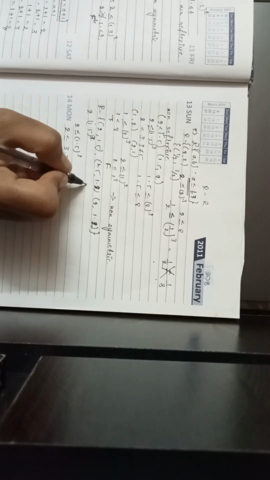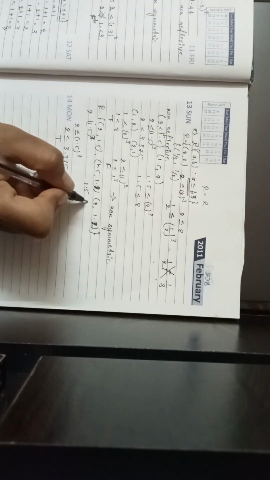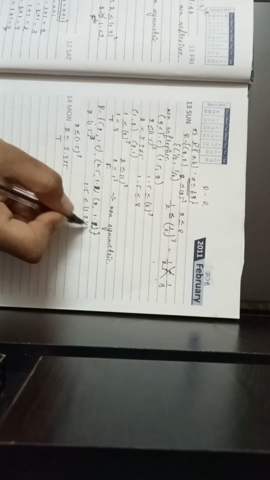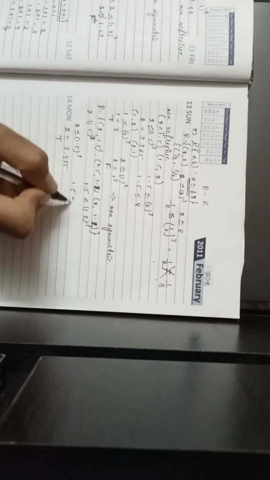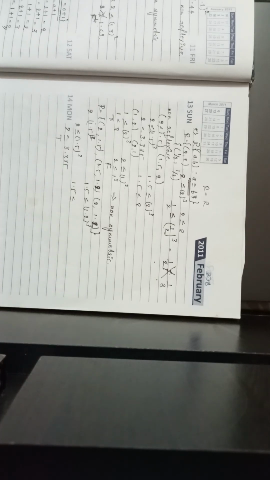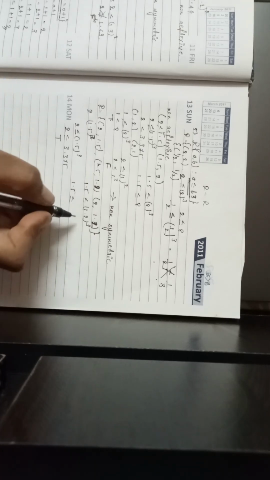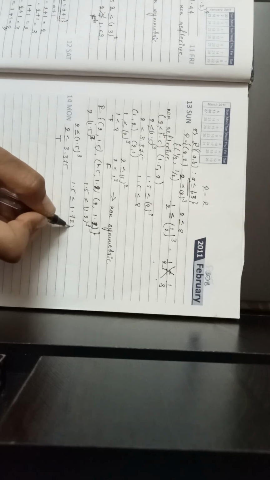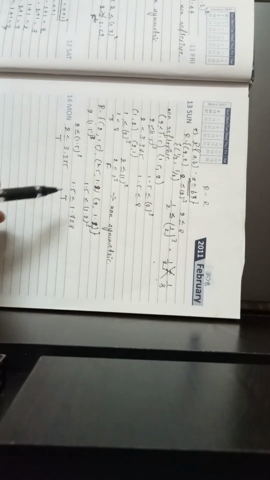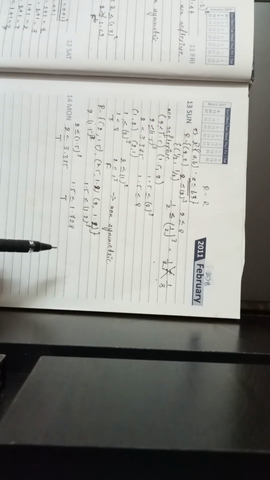Check the next condition, that is 1.5 should be less than or equal to 1.2 cube. 1.2 cube is 1.728. So this condition is true. Why? Because 1.5 is less than 1.728.